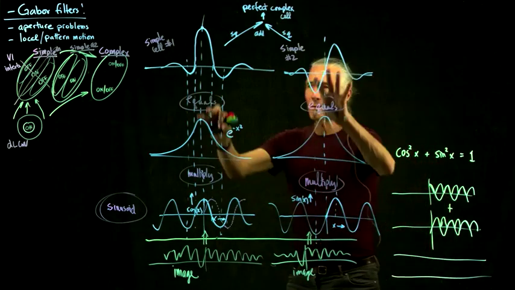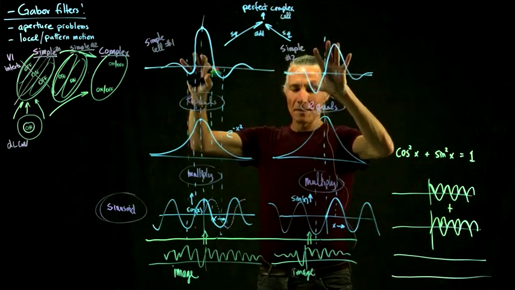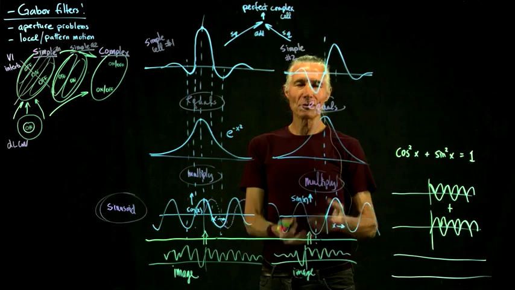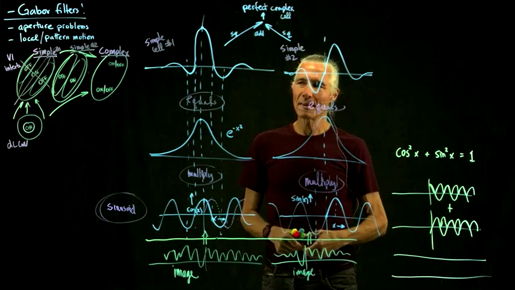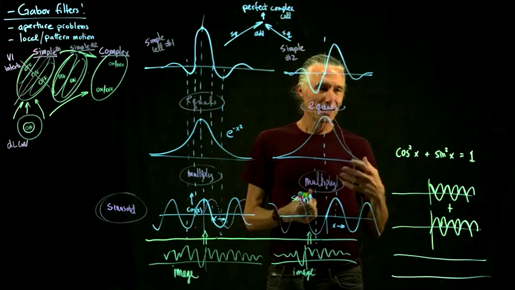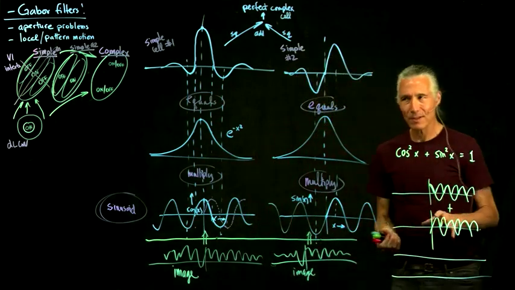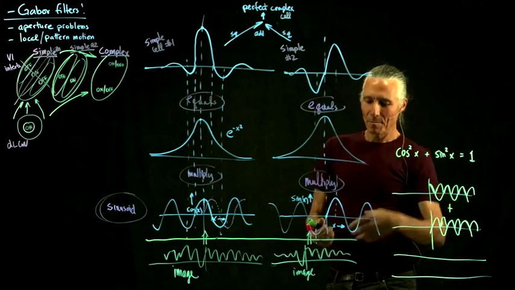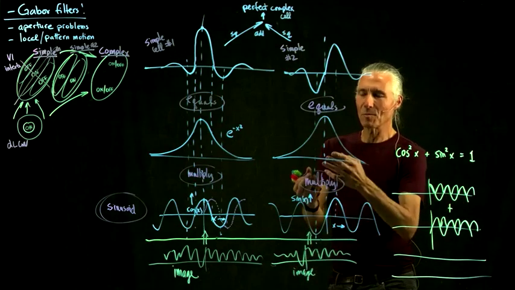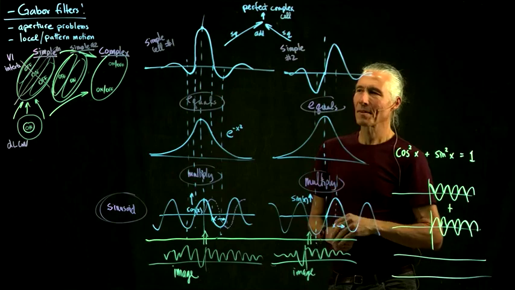You make some Gabor filters, and then you filter the image through them. And that's called a convolution. We haven't talked about that. We'll talk about it a little bit later. But it's a way of processing little pieces of the image with these filters.